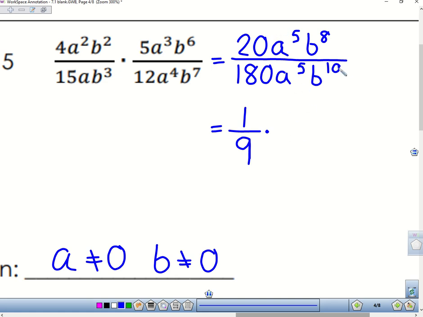And then what is 8 minus 10? -2. So I have b to the -2. How can I make that b exponent positive? Bring it down to the denominator. Because when you do the method of, if you knew right off the bat to keep it in the denominator, that's fine.